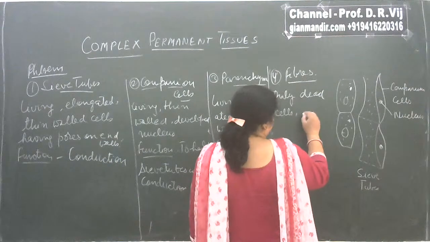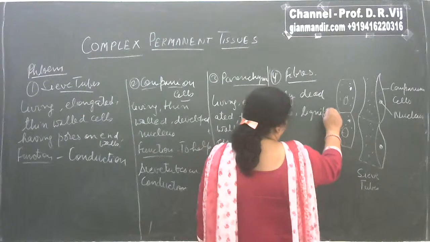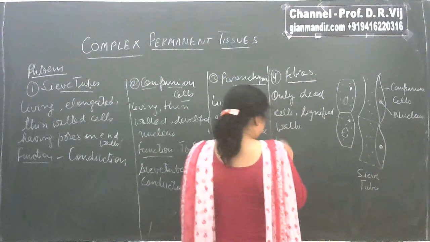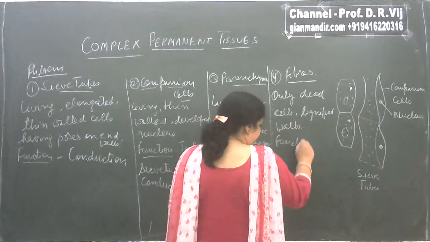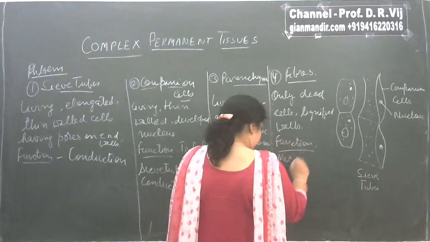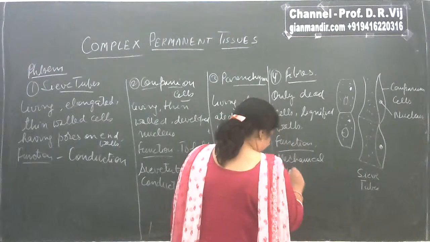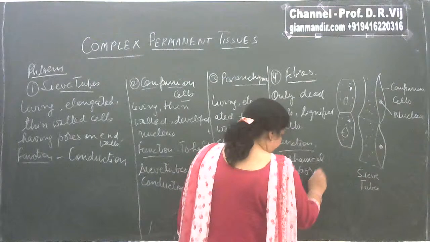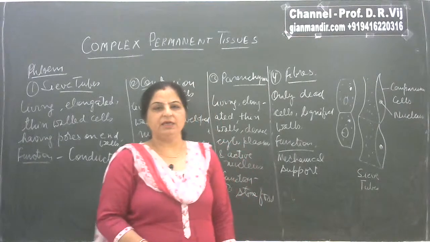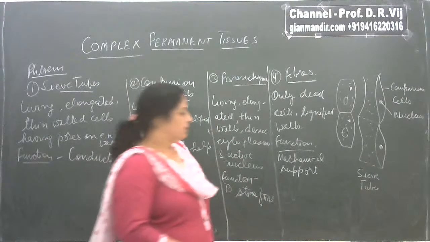Only dead cells having again lignified walls. If you look at the function, of course their function is to provide mechanical support, and some of the fibers which we use in our daily life for textile purposes are basically the phloem fibers.